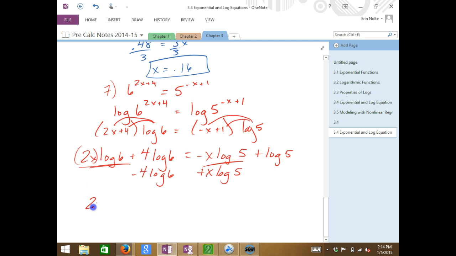So it's going to be 2x logs of 6 plus the x log of 5. On the right-hand side, I still have my log of 5, and I'm subtracting my 4 logs of 6.